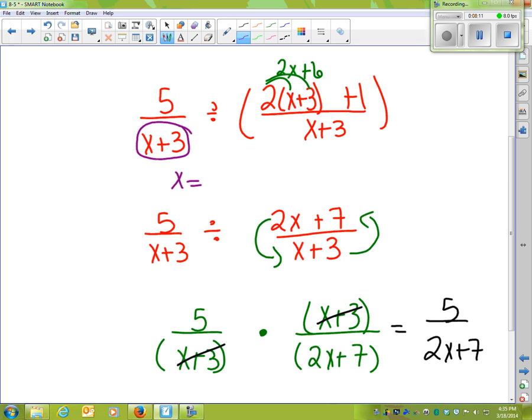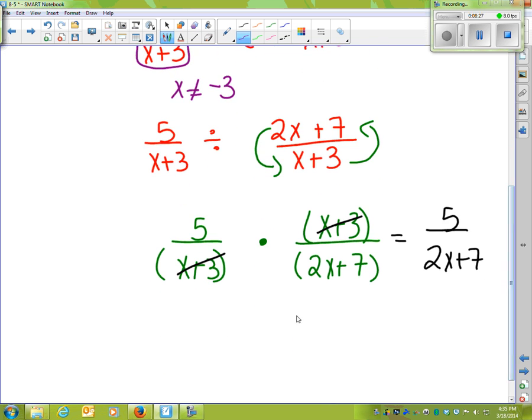So that tells me that x cannot equal negative 3. Negative 3 plus 3 would be 0. And I'm looking to see what else I've got. Down here in my last step, I had 2x plus 7 in the denominator. So 2x plus 7 also cannot equal 0.